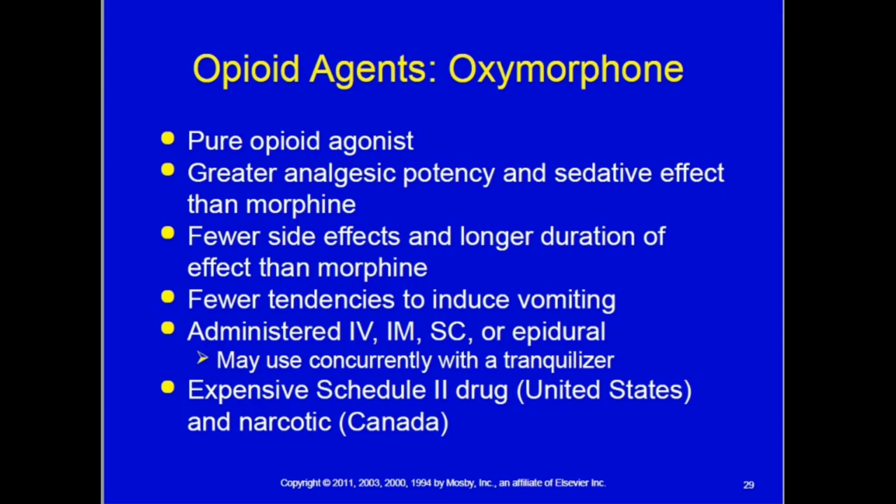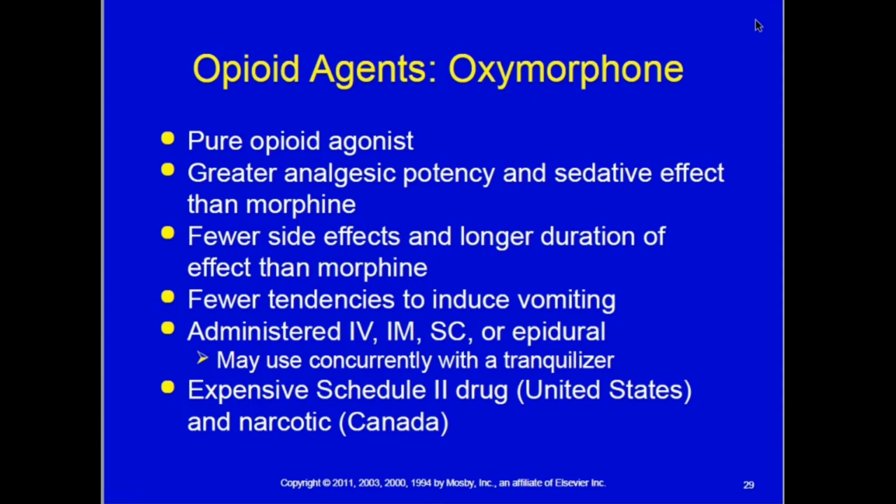Another agent, oxymorphone, is also a pure opioid agonist. It has greater analgesic potency and sedative effect than morphine. It has fewer side effects, but the duration of action is longer than morphine. It has less tendency to induce vomiting.